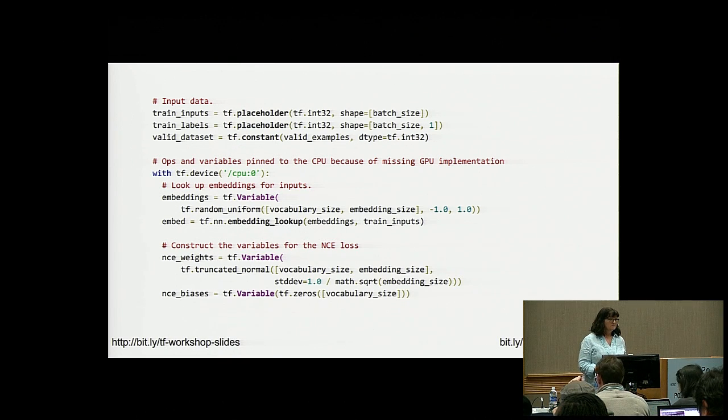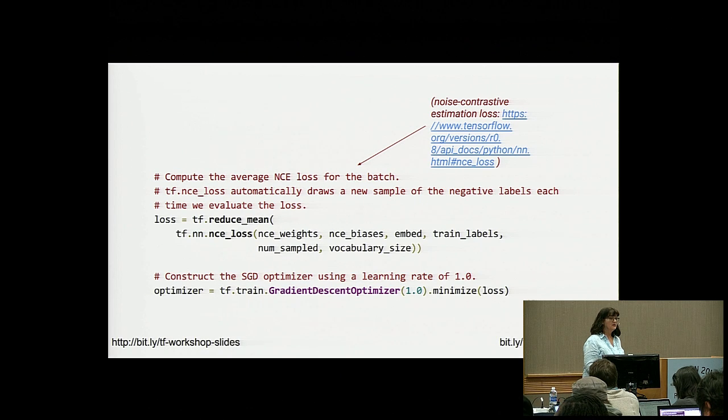Okay. And you can see that we're just initializing the weights to truncated normal and the biases to 0. Okay. Now here's the part where we're defining the loss based on this NCE loss operation that I was talking about, and you can go look it up and read in more detail how it works.